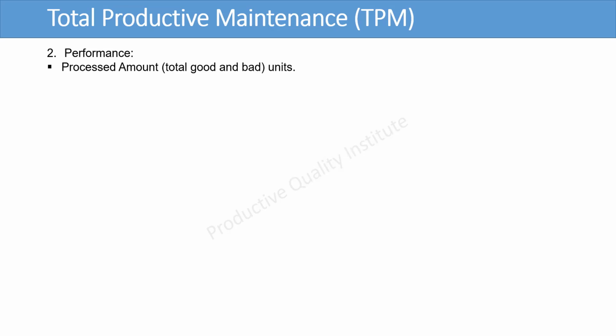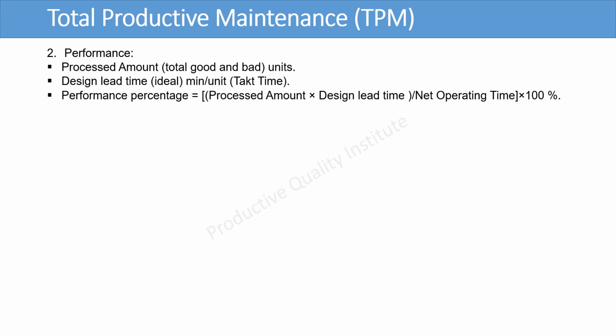Second, performance. Processed amount is the total good and bad units. Design lead time, in minutes per unit, is the ideal takt time. Performance percentage is equal to processed amount times design lead time divided by net operating time times 100.